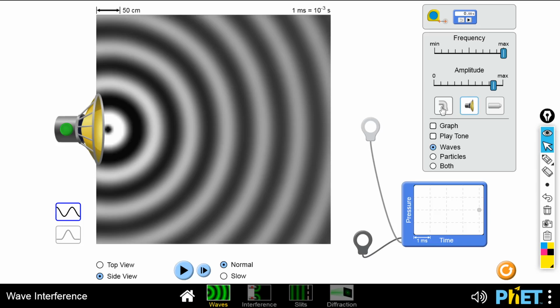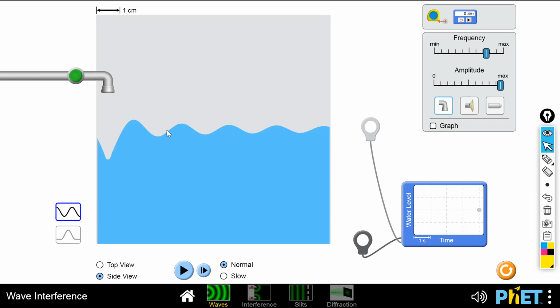That's called a compression wave, whereas with water we have the direction of propagation of the energy of the wave, in this case left to right, but the amplitude of the wave from top to bottom, and therefore it's perpendicular, 90-degree angle normal to the propagation direction, and it's called a transverse wave.